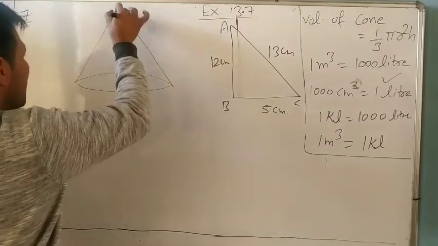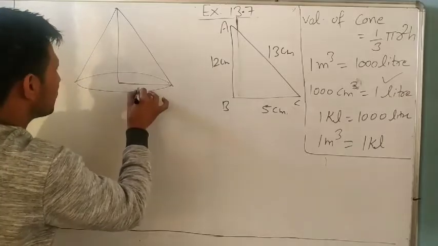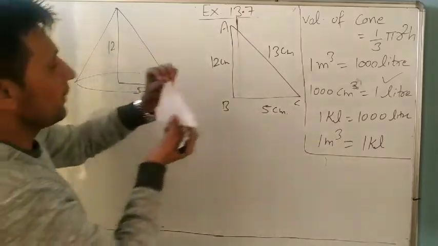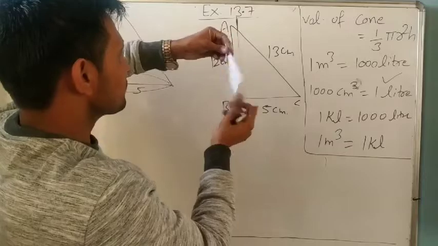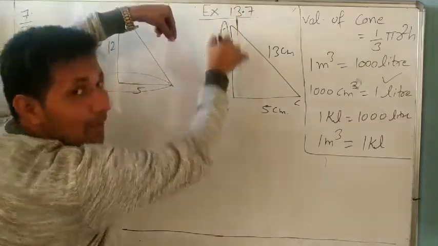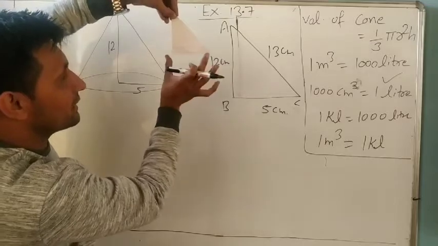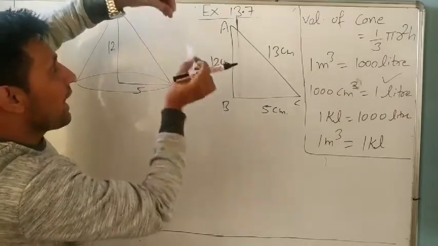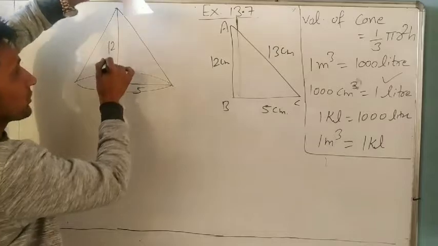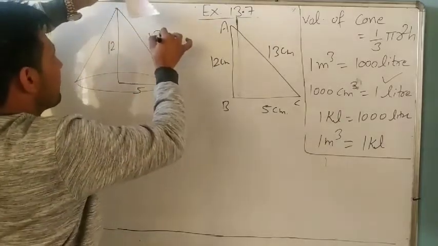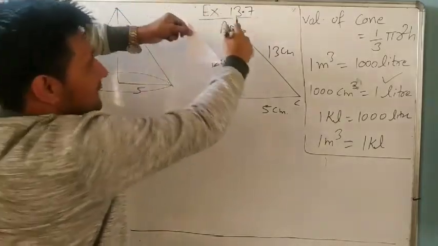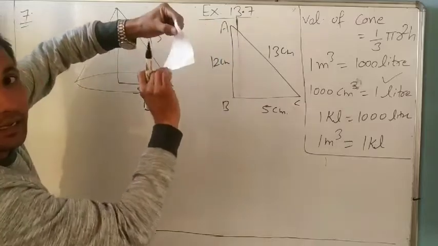It is 5, it is 12. When we rotate like this, 12 centimeter is given, and 5 centimeter is given. So it becomes the radius, and its height is 12, and the third side becomes L, the slant height.